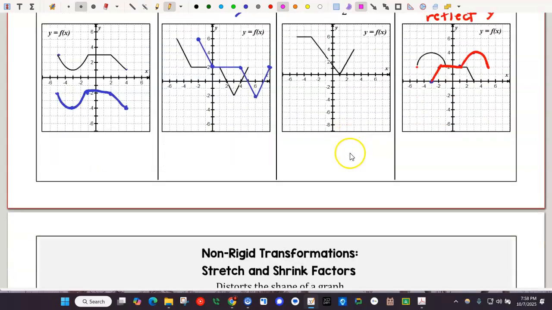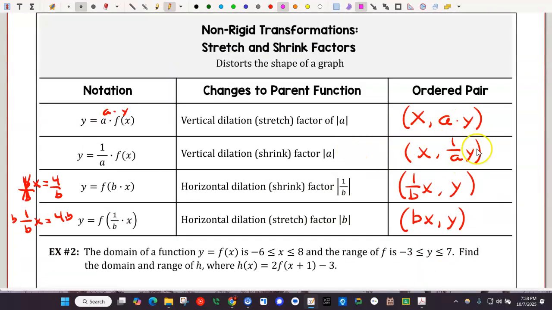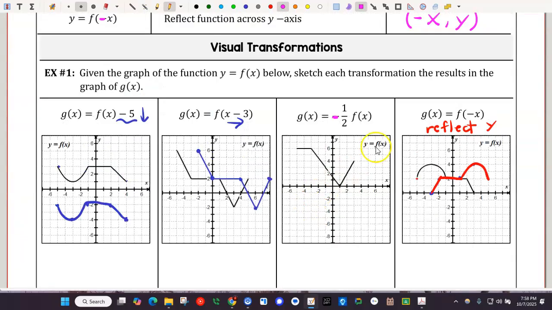So that's just going to make all the y coordinates a half smaller. So on top of reflecting it, we also have to make all the numbers smaller. So you might have to do this in 2 steps. Okay? If you want, you can do the reflecting first, or you can take the half first. Okay, we got 2 steps to do.